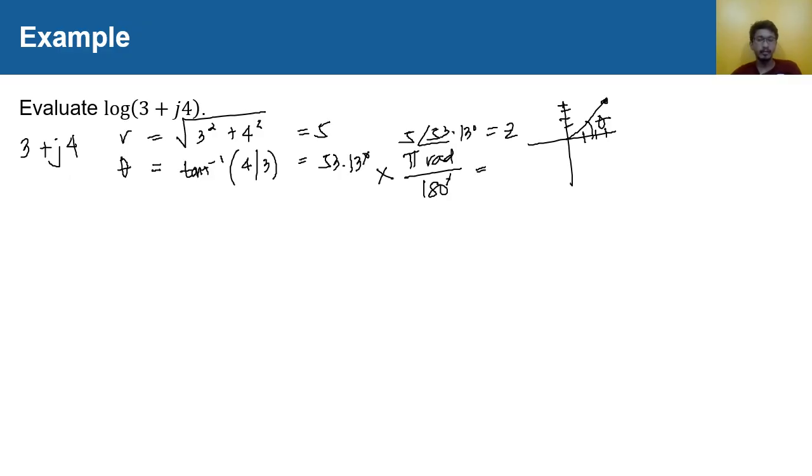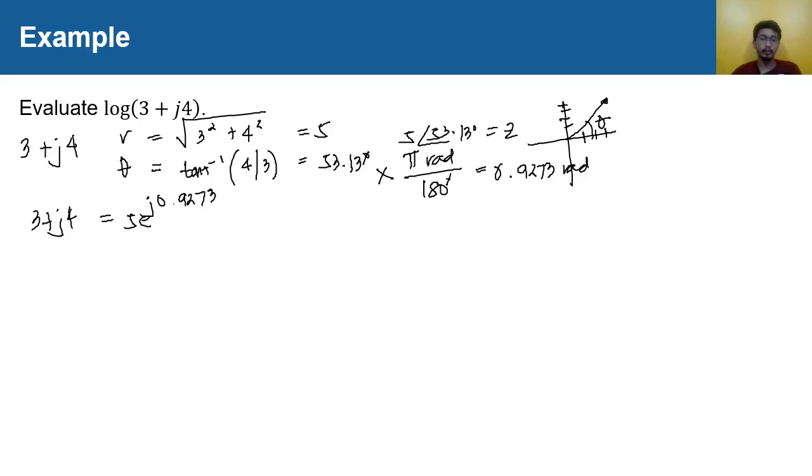So we now have 0.9273 radians. So therefore, 3 plus j4 in exponential form is 5 e raised to j 0.9273.